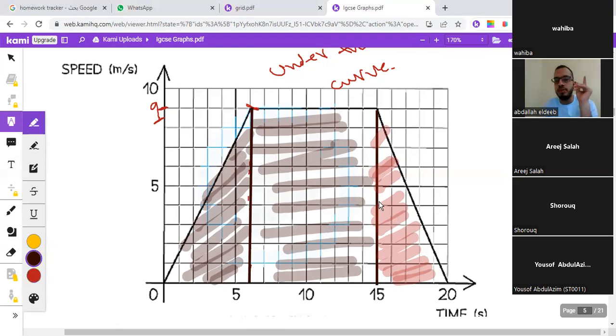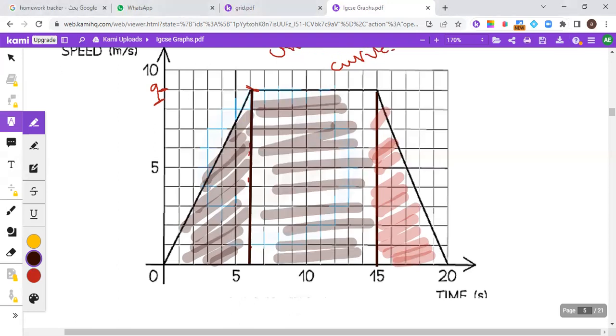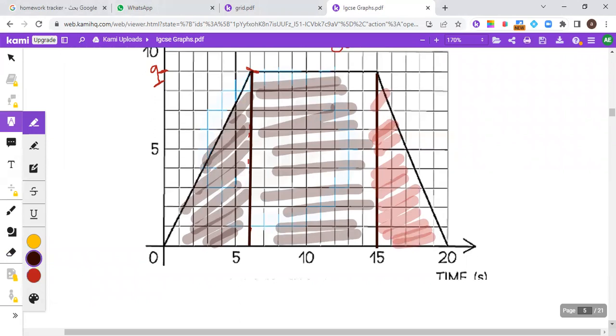That is one solution. Or the other solution is you can find the area of the trapezoid.